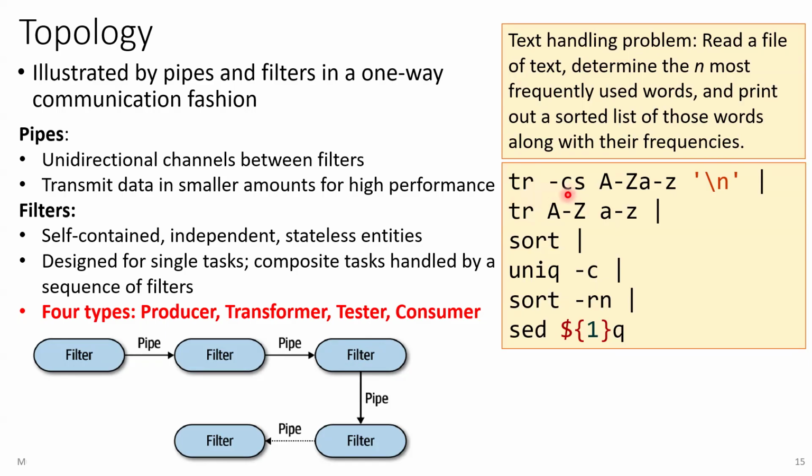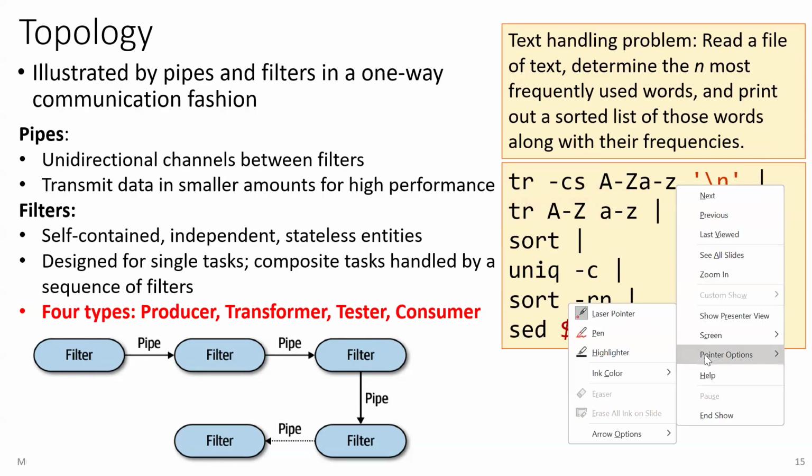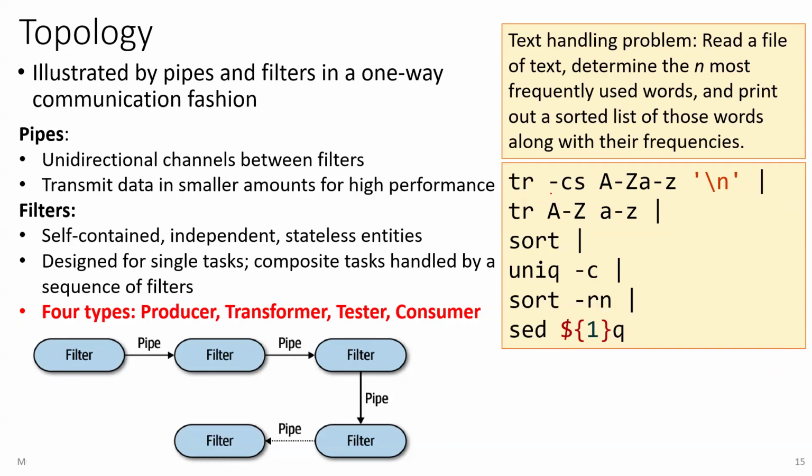So this is your first filter. This is the pipe. This is the command you can write in your bash or terminal. This is a filter and this is a pipe. This is another filter and another pipe. This is another filter, as you can see, tr for translate.